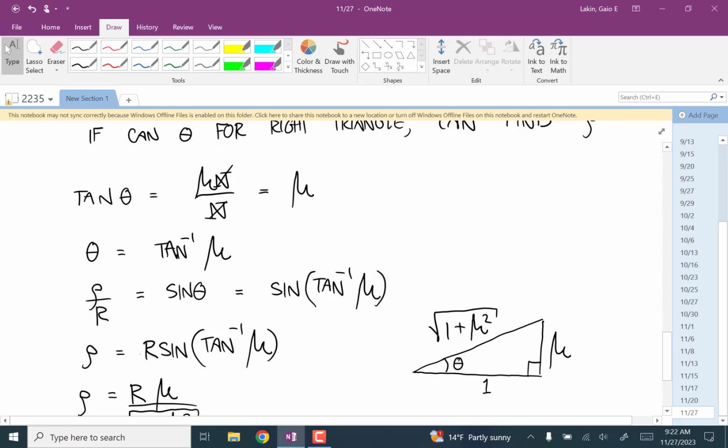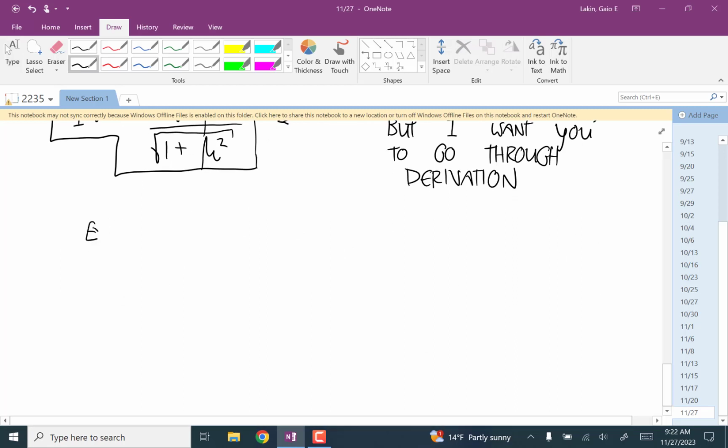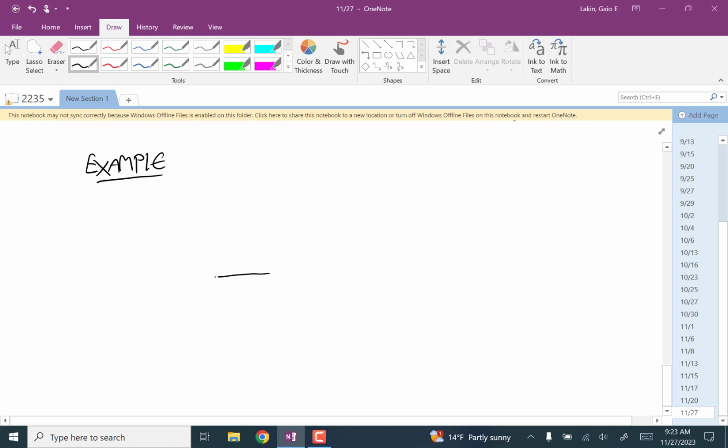So let me just do an example. Okay, so let's say that there is a pair of wheels and you have bearings like this. And for symmetry, you have 2 of everything.